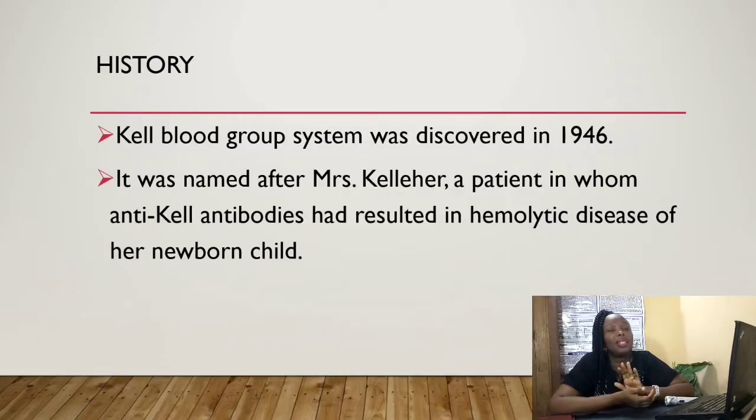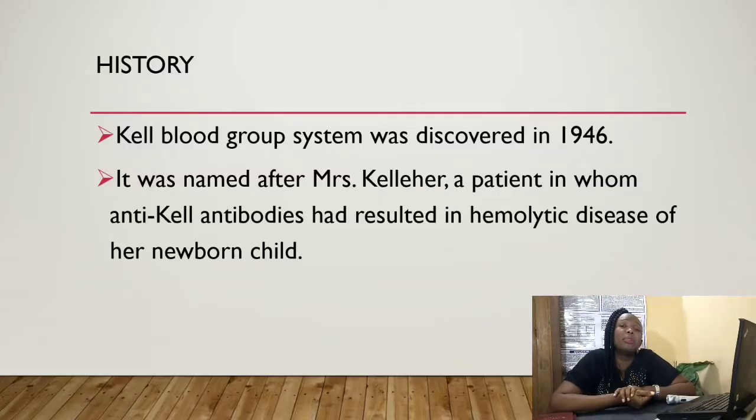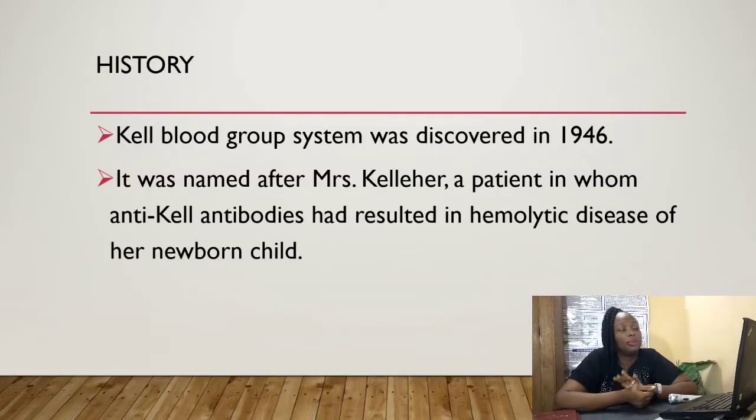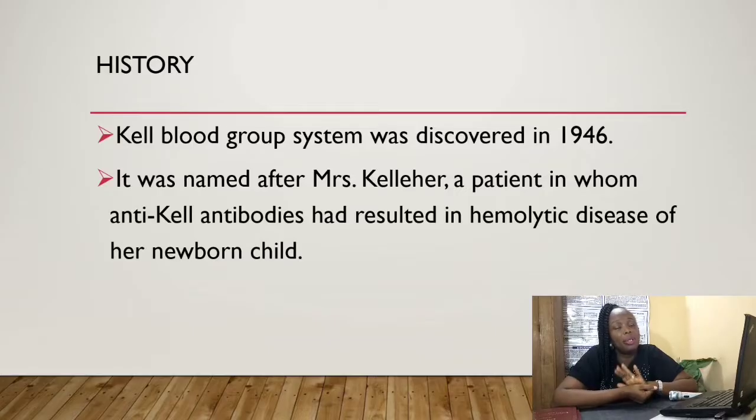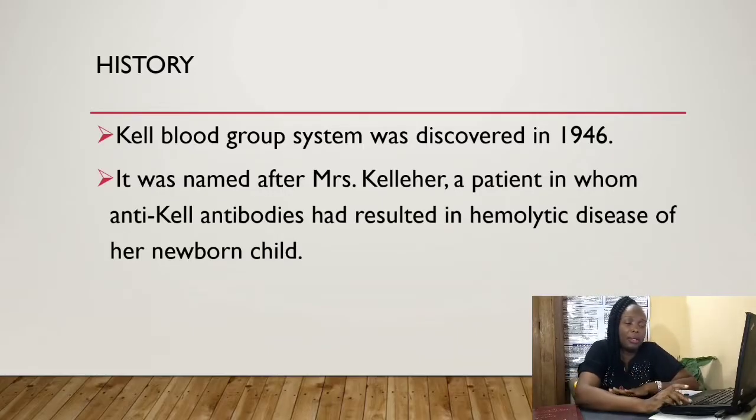History. The Kell blood group system was discovered in 1946, and it was named after Mrs. Kell, a patient in whom anti-Kell antibodies had resulted in hemolytic disease of the newborn of her child.